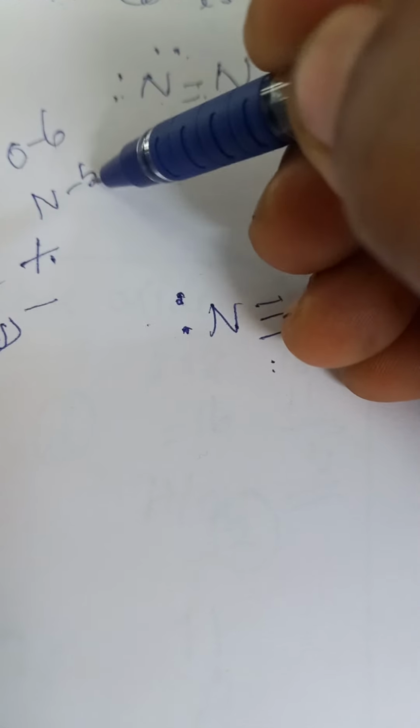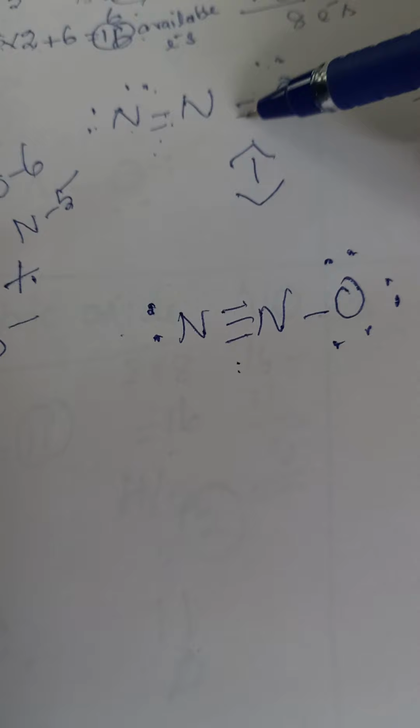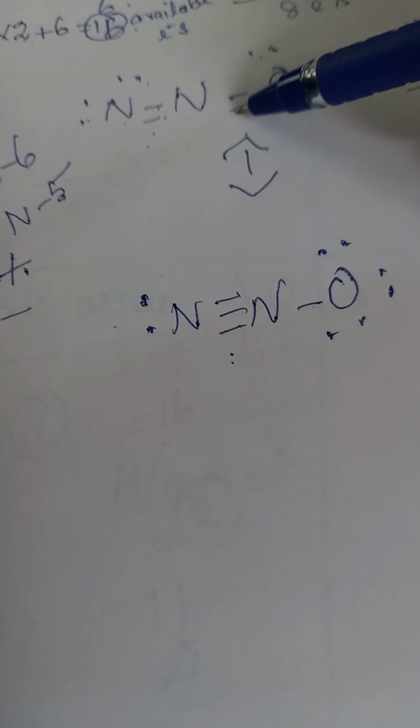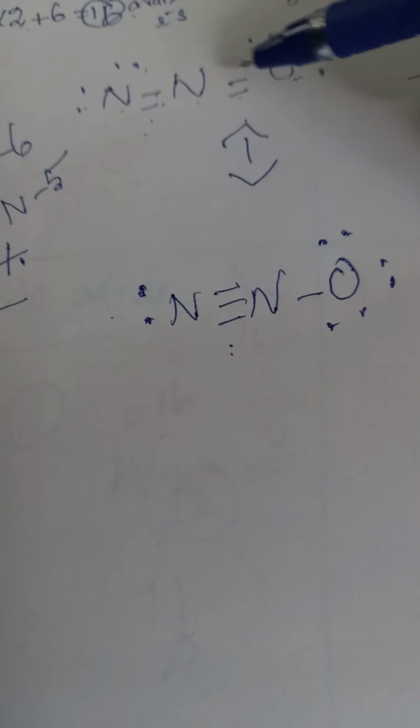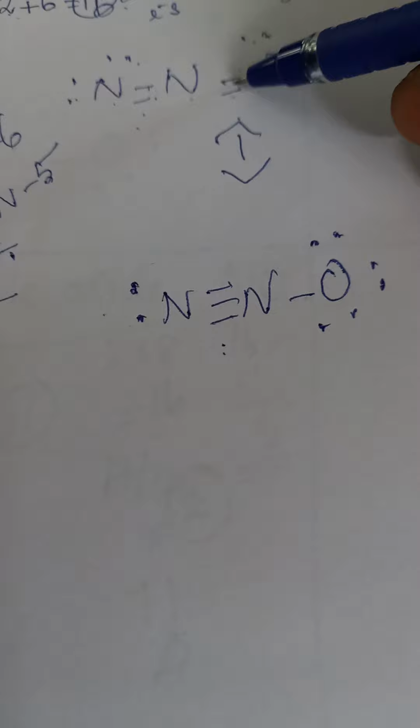Oxygen should have 6 electrons around it. Nitrogen should have 5 electrons around it. See this oxygen? This bond means it's a covalent bond shared by nitrogen as well as oxygen. To count it, we have to consider only the electrons that belong to nitrogen and belong to oxygen. So oxygen 2, 4, here 2.